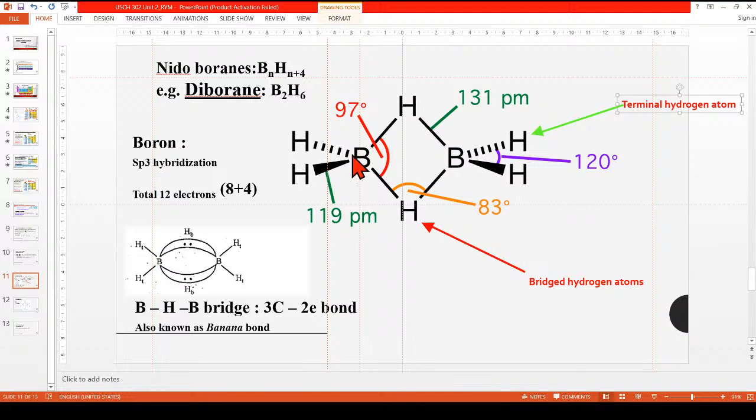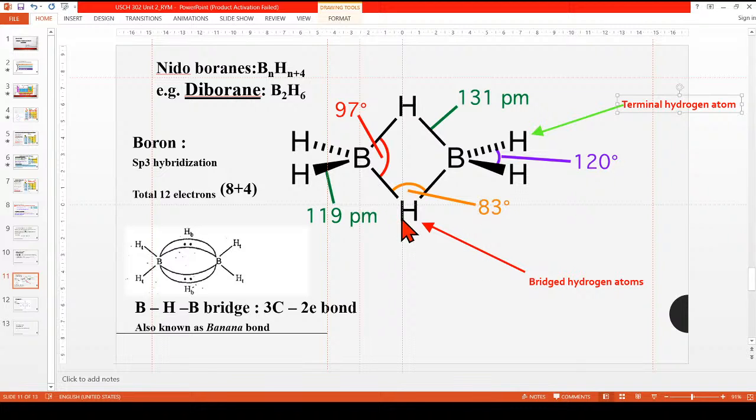Atoms which form free bonds with hydrogen are called terminal hydrogen atoms. In case of diborane, this is 1, 2, 3, 4. 4 terminal hydrogen atoms are there in diborane.